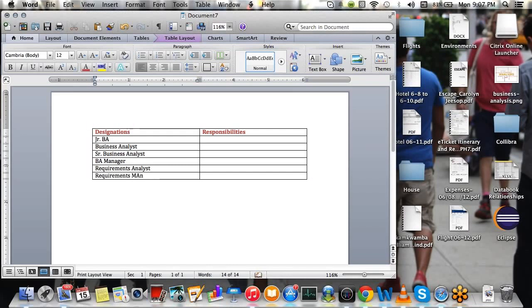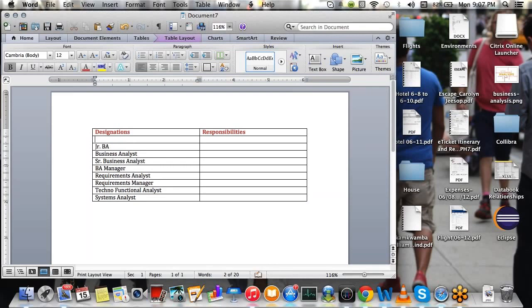We call him the requirements manager. And there are two out-of-the-box roles. One role is, sometimes people call you a techno-functional analyst. Other times you may hear another designation called systems analyst, right?